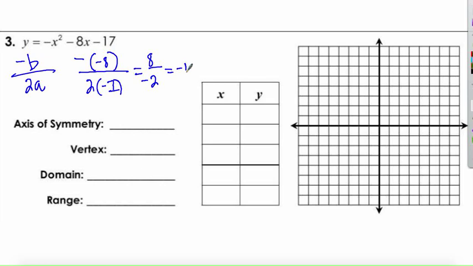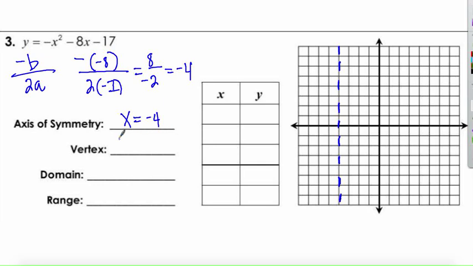So our axis of symmetry is going to happen at x equals negative 4. So we can really go to negative 4, 1, 2, 3, 4, and this is where our parabola is going to be cut in half. So now I'm going to start using this axis of symmetry to make better judgments about which points to choose to plug in and get a clear picture of the parabola.